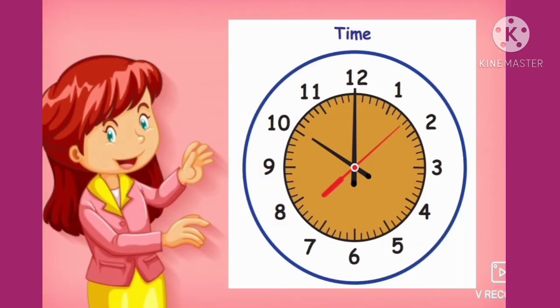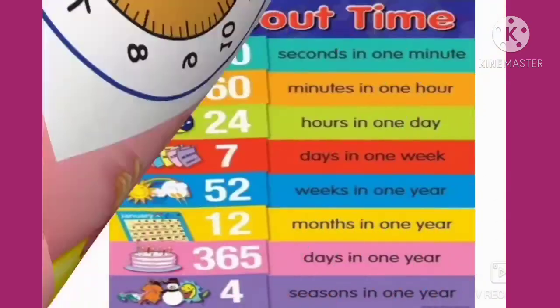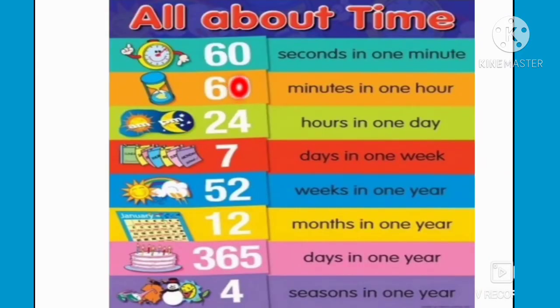Time is the ongoing sequence of events taking place, the past, present and future. There are 60 seconds in 1 minute, 60 minutes in 1 hour, 24 hours in 1 day, 7 days in 1 week, 52 weeks in 1 year, 12 months makes a year, 365 days in 1 year.